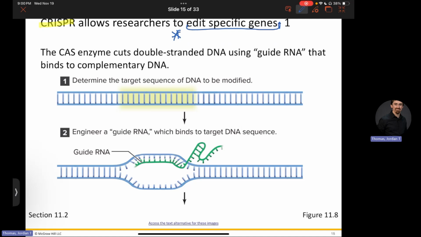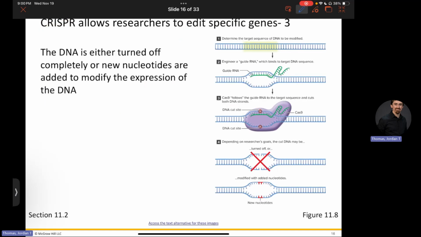The Cas enzyme, which is the enzyme used in CRISPR, cuts the double-stranded DNA using an RNA that binds to the complementary DNA. So we have our gene here. Then we have this guide RNA that goes in and finds its gene because it has the complementary bases of the gene of interest.